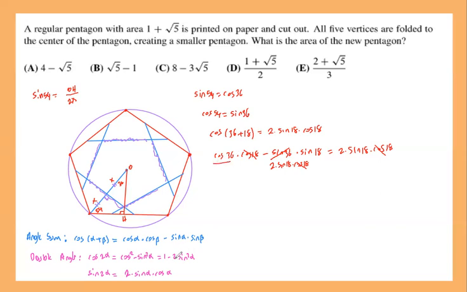So if you replace this with this, instead of alpha you can just say 2 times 18, which is going to give me this one. So 1 minus 2 times sine squared 18, that's cosine 36, minus 2 times sine 18 times sine 18, which is going to be 2 times sine squared 18, is equal to 2 times sine 18.